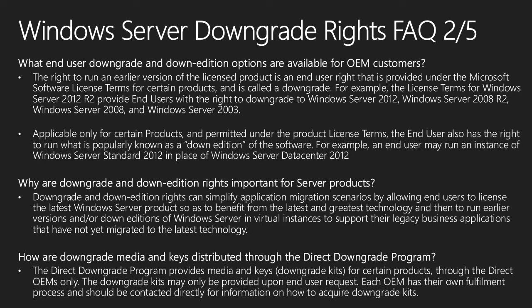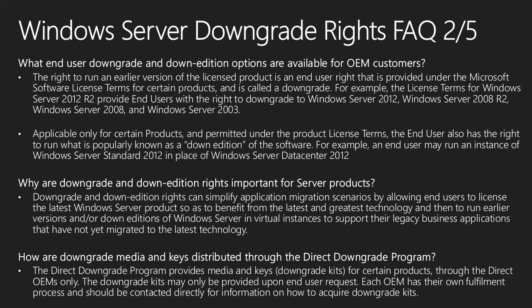So how are the downgrade media and keys distributed through the direct downgrade program? As I mentioned, this is the one where you either need to work directly with your OEM or with your distributor to provide this. What's important here is that generally there's a certain time frame for which these keys or kits may be available.